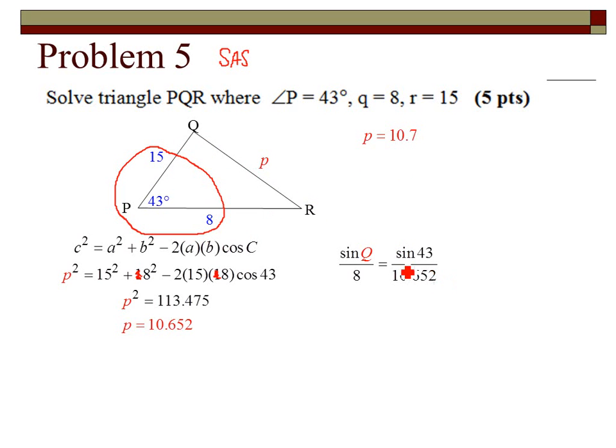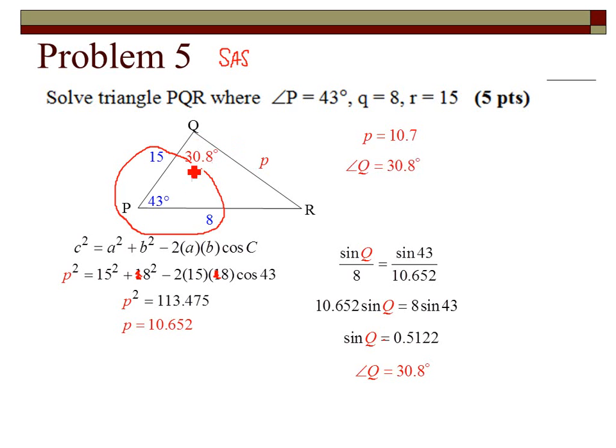And I'm going to use the full answer as much as possible because it keeps my answers accurate. We cross multiply, divide by 10.652. I get sine of Q is equal to 0.5122. Do inverse sine, and you get 30.8 degrees. So that makes this angle up here 30.8.